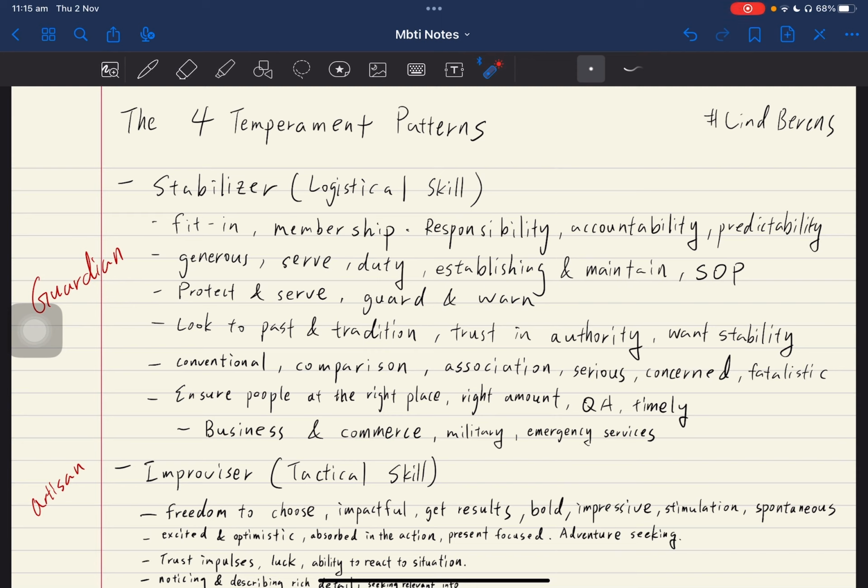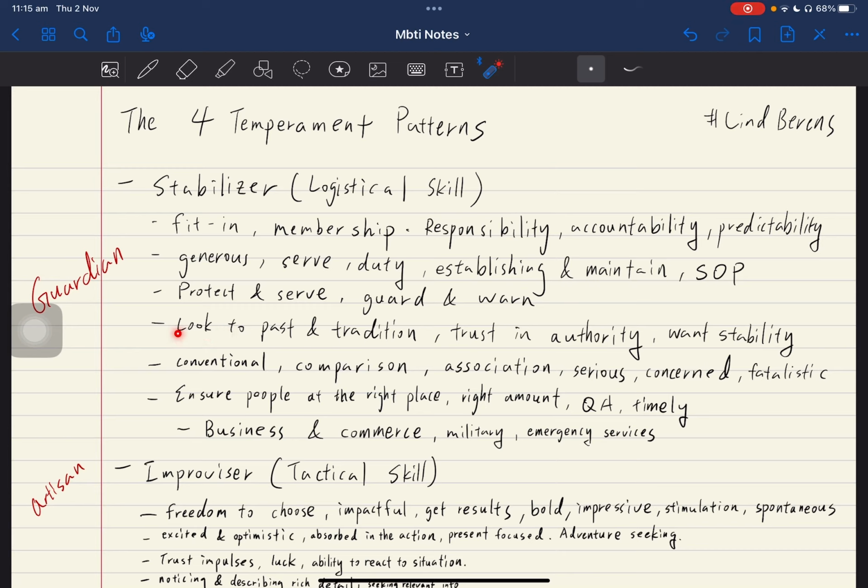So the 4 temperament patterns, the keywords related to them. The guardians are called the stabilizers. They have good logistical skills, and they're all about fitting in, membership, responsibility, accountability, predictability. They are generous, serving, duty-based, establishing and maintaining standard operating procedures, protect and serve, guard and warn, like the policemen and the military.